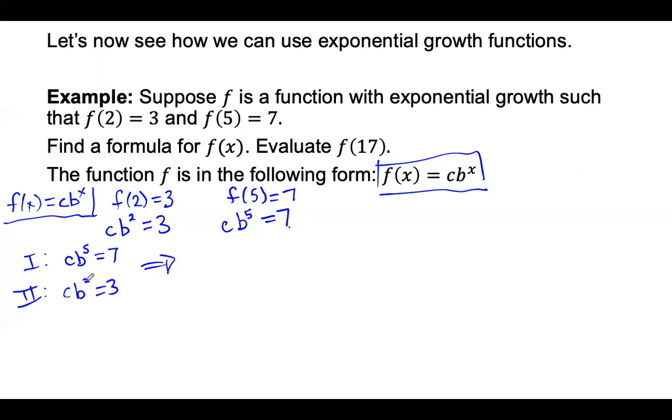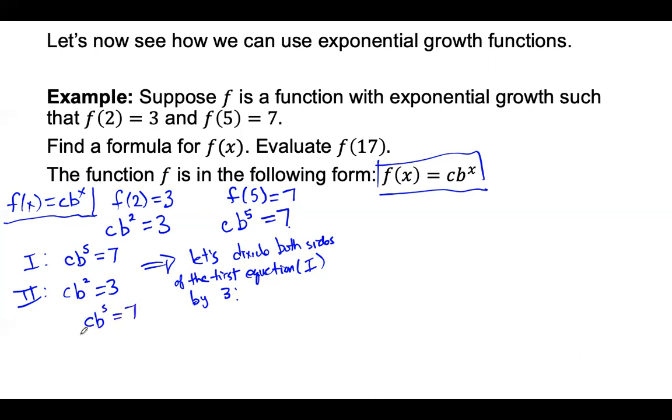You could do it either way. Let's divide both sides of the first equation. So c b to the exponent 5 divided by 7.